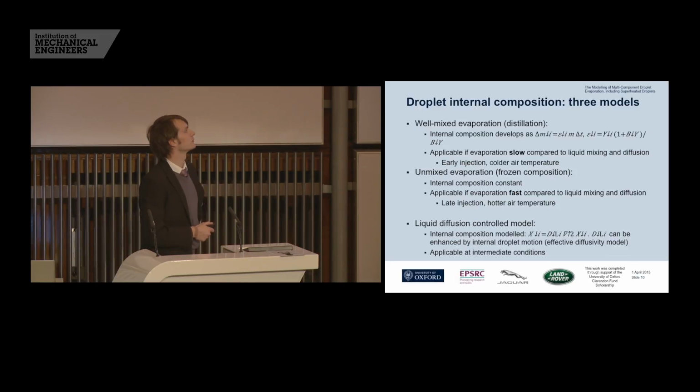So this might be applicable if the evaporation rate is particularly slow, for example, very early injection, cold fuel, cold air. And in that case, mixing can be allowed to happen faster than evaporation, and the surface composition essentially distills off. So we model it as a distillation curve.